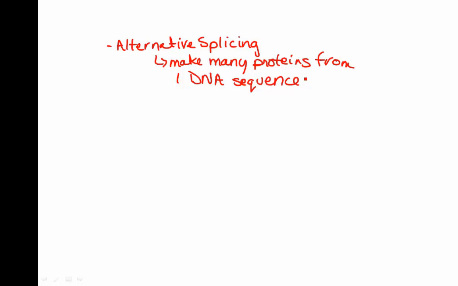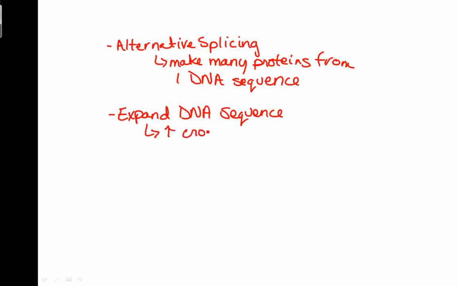So that is one very good reason to have introns present. Another reason to have them is that they basically expand the DNA sequence. If they make it longer than it was before, the reason this is useful is that it's going to increase crossing over chances. Keep in mind from chapter 13 that crossing over results in new combinations.